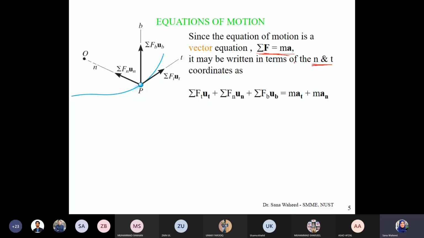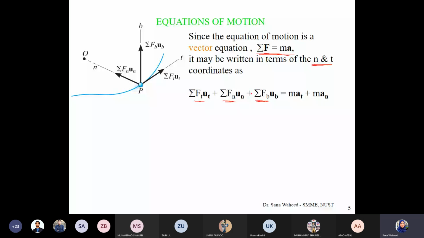The resultant force can be broken down into its component in the tangential direction, summation Ft in the ut direction, then summation Fn in the normal direction, and finally, because there is this third coordinate direction, the binormal direction, which I've just introduced, the summation of Fb, the resultant forces in the binormal direction, is also included within my resultant forces.